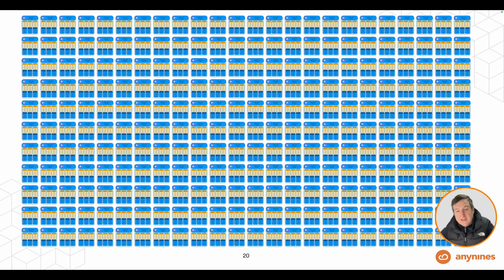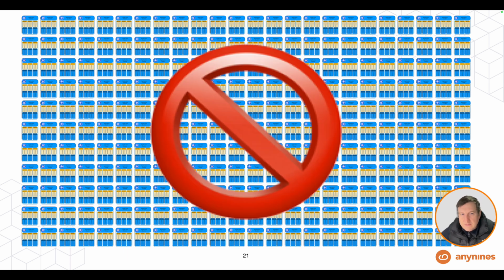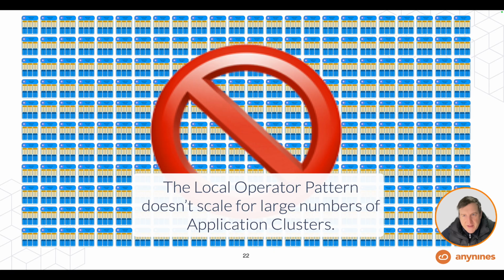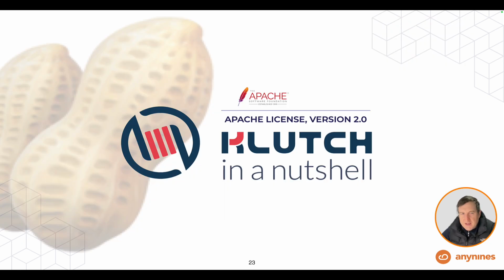And not only dealing with the fact that they have a database, but they have to actually run the operator and maintain the lifecycle of the operators as well. And in our experience, that requires a skill set that's hard to scale across large environments with a lot of developers. So it doesn't really scale that well. And this is where Klutch actually comes into the game.